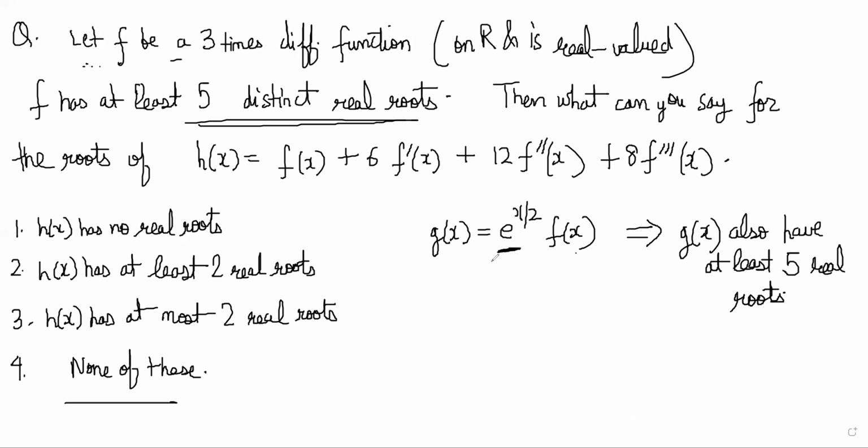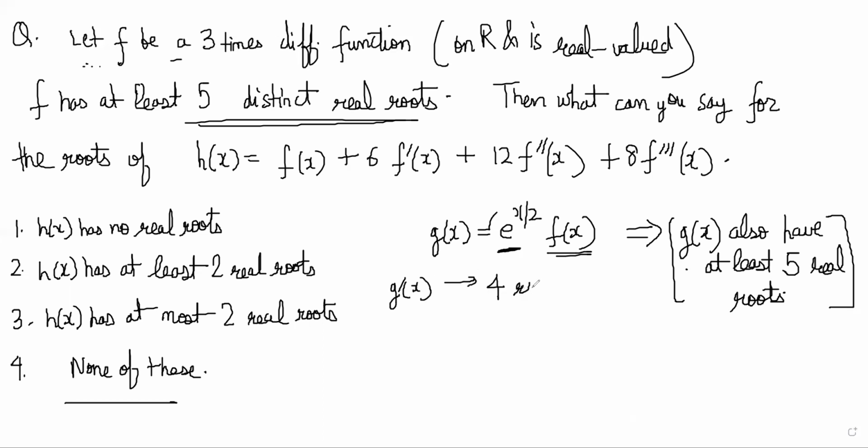Now g of x is a function that is continuous and differentiable as long as f of x is differentiable, because this part is continuous and differentiable everywhere. So between any two roots of g of x, there is one root of g dash x.